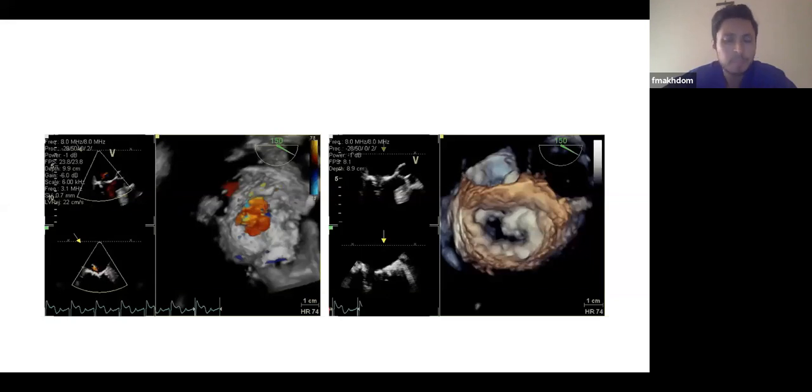You open the atrium, you decalcify, you resect the leaflets, and then implant a balloon expandable valve, the Sapien valve. And then you can also add suture to fill in the gaps between the valve and the native annulus, to prevent paravalvular leak. This option is on the table.